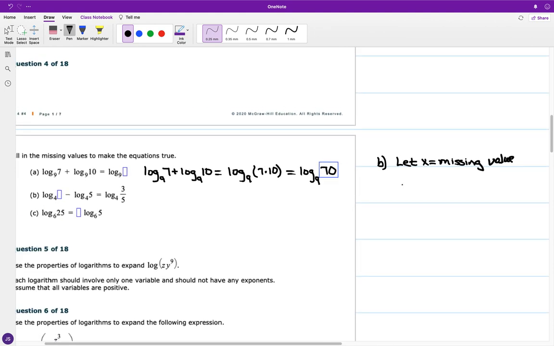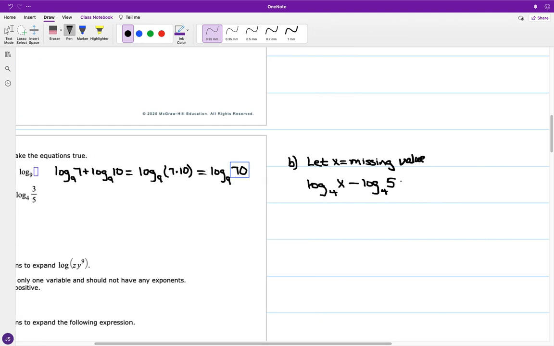And for the setup, I can say I have a base 4 logarithm of X minus the base 4 logarithm of 5 is equal to the base 4 logarithm of 3/5.